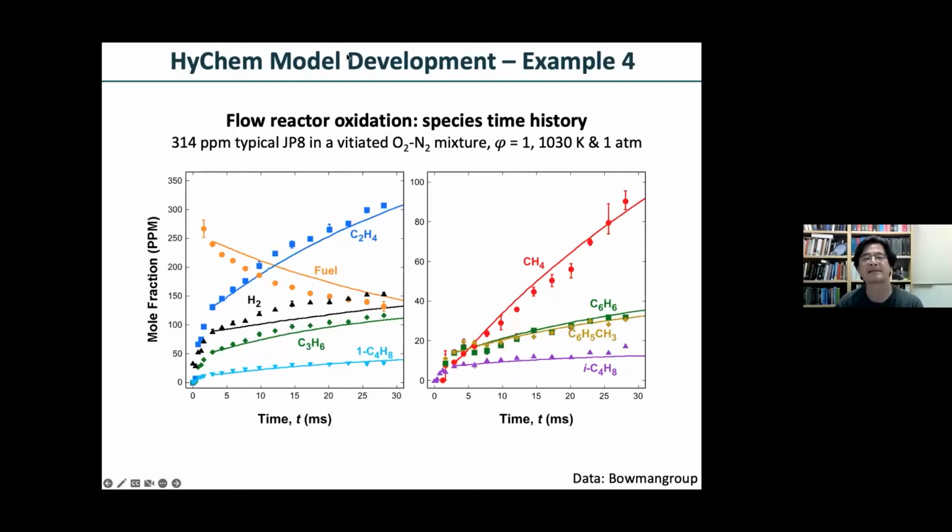The other type of experiment we rely on is the flow reactor. We can map out more species, but stretch the reaction over a longer period by employing lower temperature. So this is a constant temperature flow reactor experiment. This is the fuel JP8, ethylene, hydrogen, propane, and 1-butene.